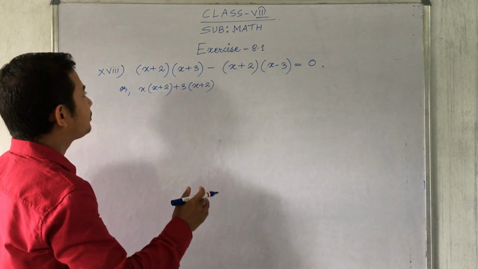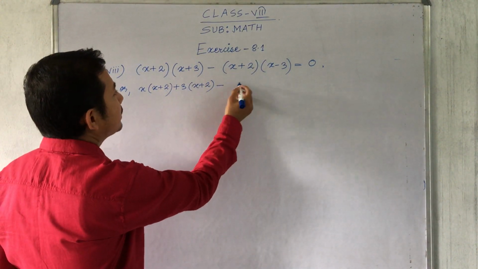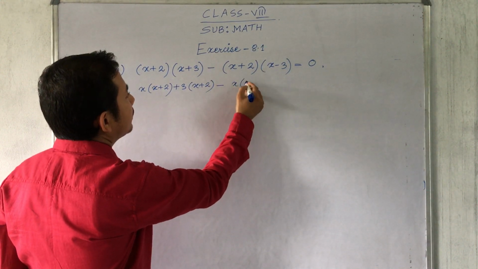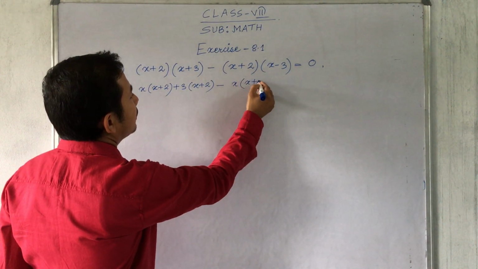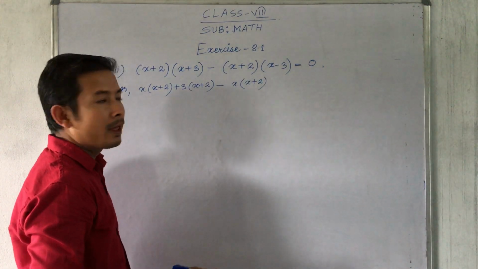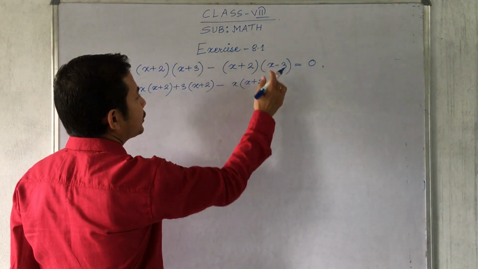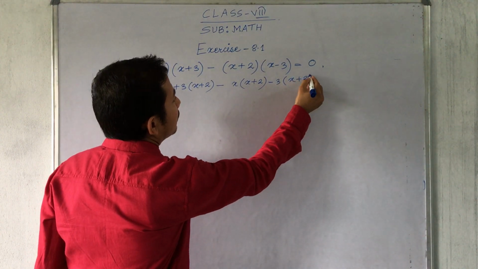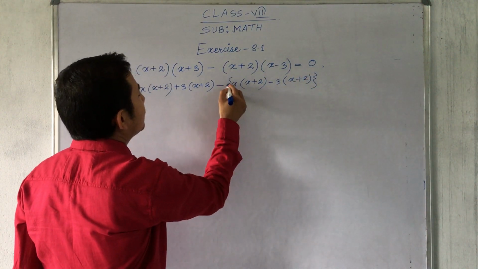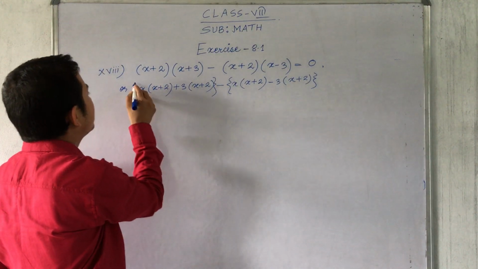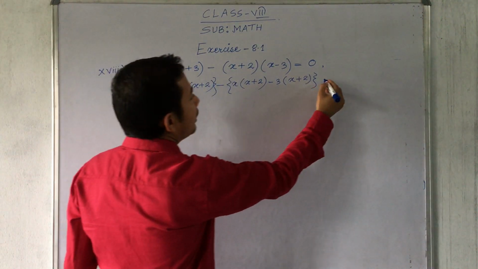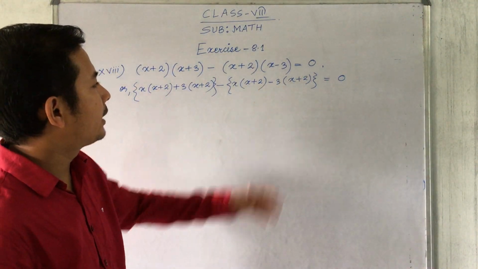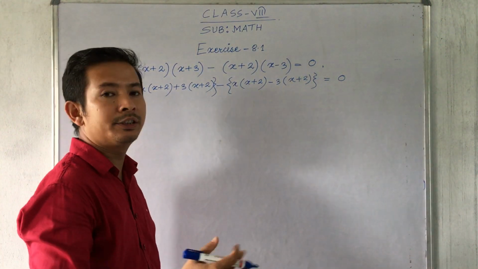Okay, look here. Minus, I am going to multiply this x plus 2 by this x. Understood? And then by minus 3. Equal to 0, right, as it is. On the right hand side there is 0.